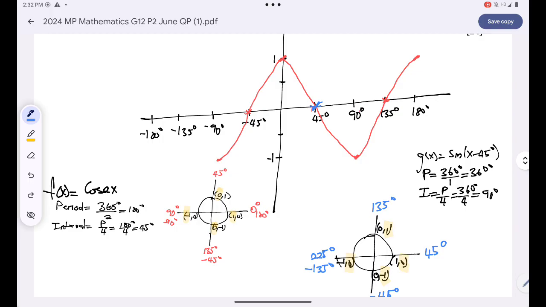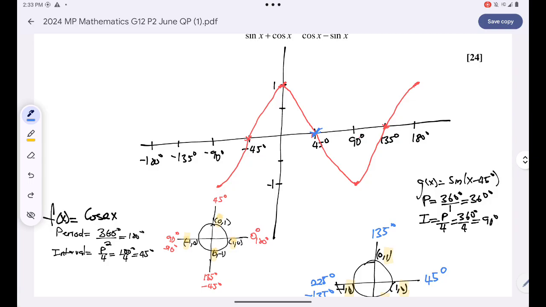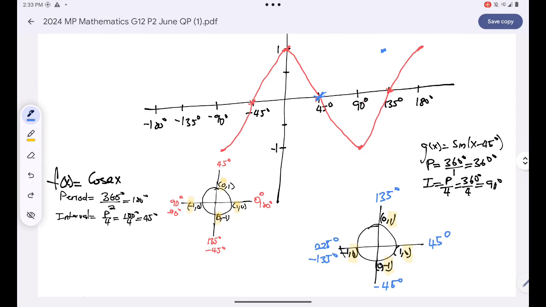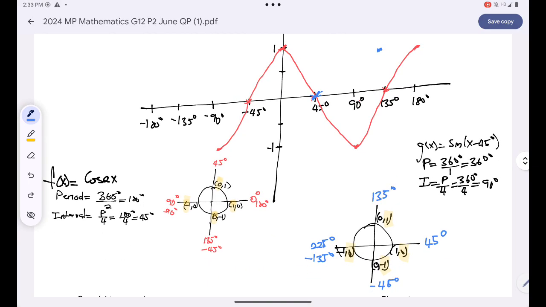Then when x is 135 degrees, the value of y is simply equal to 1. So I will have an intercept over there. And then when x is 225 degrees, we don't have 225, it was going to be somewhere here. The value of y was going to be 0 over there.